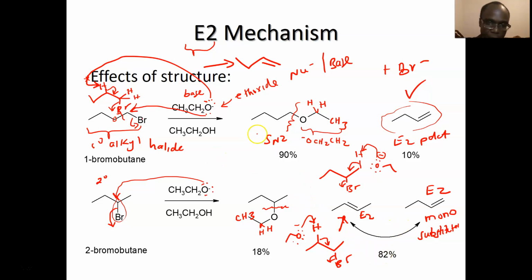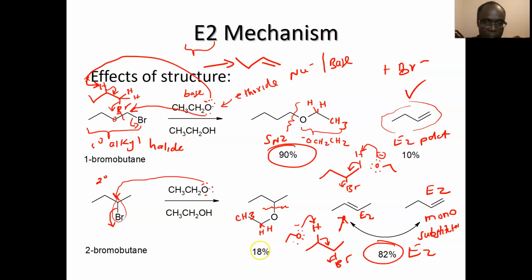Anyway, what I want you to focus on is the percentages. So in this case, I say this is primary, the SN2 will win because it's primary, E2 will lose. But now whenever it becomes more hindered, SN2 doesn't like steric on the backside, then E2 will win. So both of these are from E2 reaction, elimination.